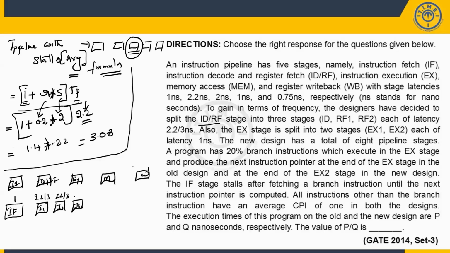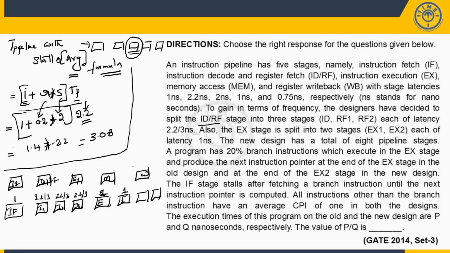The execution takes 2 nanoseconds and is also divided into 2 stages, so this is 1 nanosecond, and this is 1 nanosecond, followed by memory access, followed by write back.